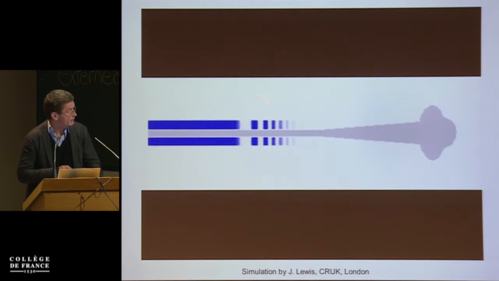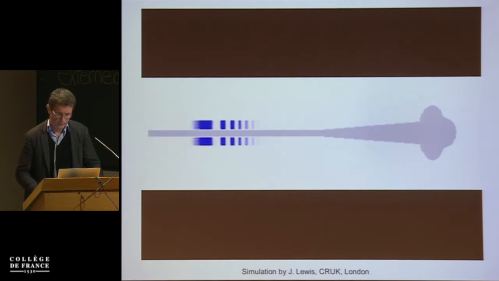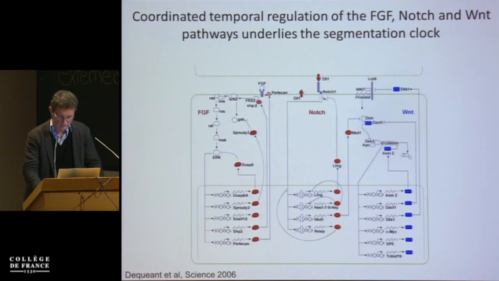And so the idea is that these periodic waves of the segmentation clock actually control the rhythm that's involved in segmentation. So we understand now some of the circuitry that underlies these molecular oscillations.